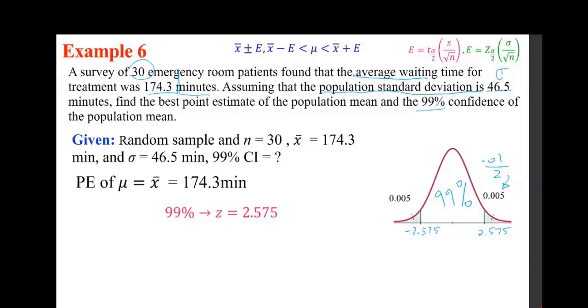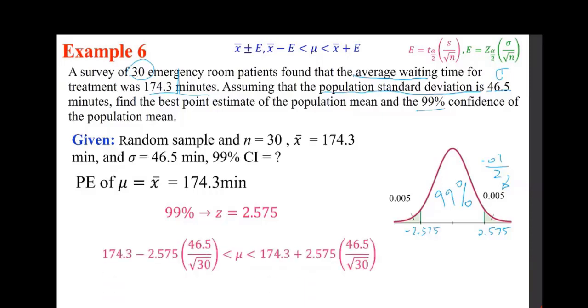So all you have to do, calculate the value of E, add and subtract the value from x bar, and you're done. We can write it in this fashion, or we can just calculate this part first, add it to x bar, which is 174.3, subtract it from x bar. So when we do that, it gives us the following.